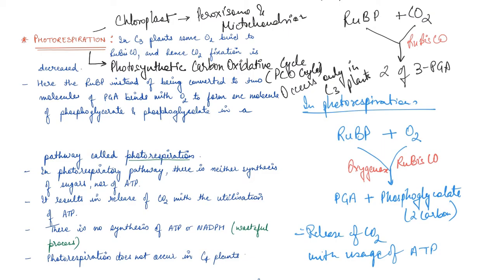Okay, and here you'll have to just understand the role of RuBisCO enzyme changes from carboxylation to oxygenation. So here, instead of using the carboxylase from RuBisCO, it is utilizing oxygenase, and it is basically releasing the carbon dioxide and using the oxygen. Okay.